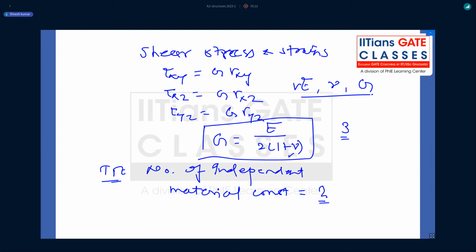This is one of the repetitive questions, guys. It was earlier also asked in GATE Aerospace, and it is also asked in GATE Mechanical multiple times.